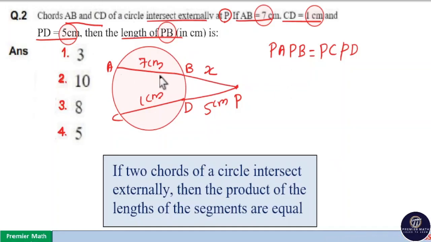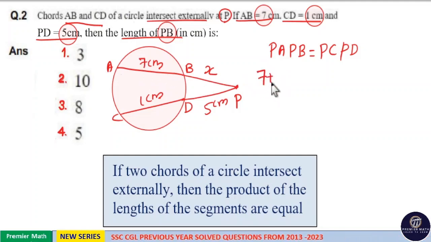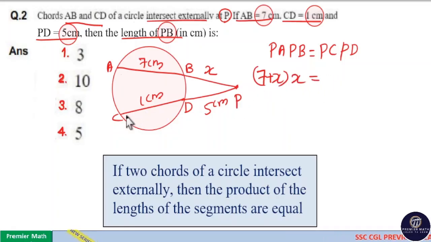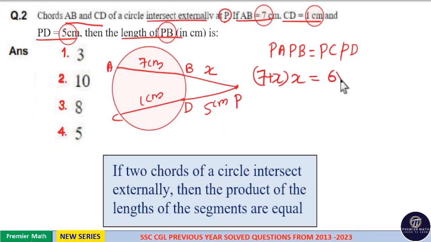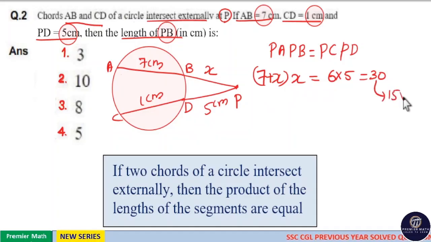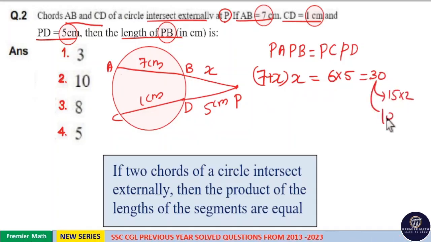Here PA means 7 plus x. PB means x. So 7 plus x into x is equal to PC, which is 5 plus 1, 6, into PD equal to 5. So 6 into 5 is 30. 7 plus x into x is 30, means 30 can be written as 15 into 2 as well as 10 into 3.